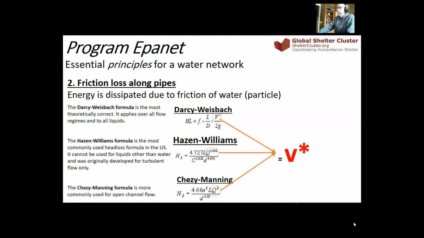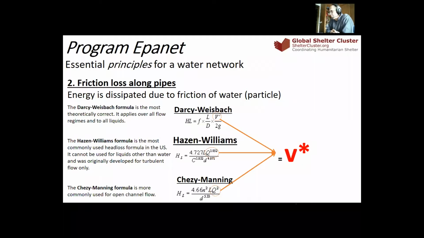If you see, you have the velocity exponent for the calculation of the friction loss. Friction loss is actually the loss of energy that is dissipated in a pipe when the water flows. And the friction loss along pipes is always an exponential of the speed.